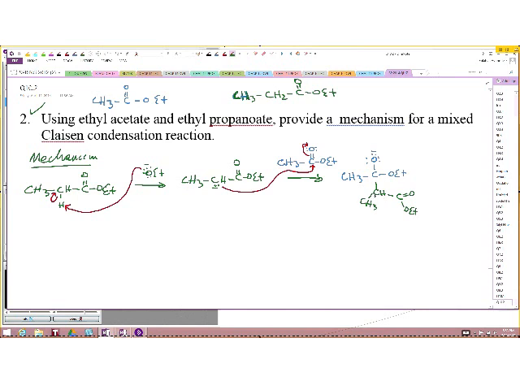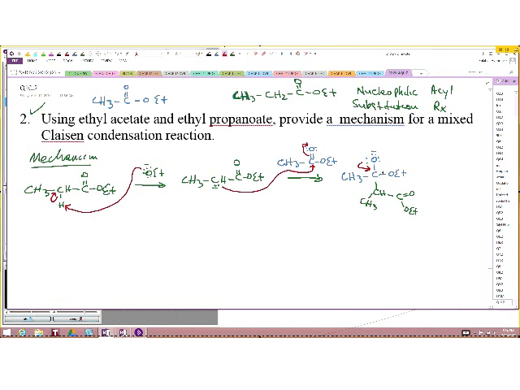Okay, so now what will happen? What is the next thing that happens? This is a case of nucleophilic acyl substitution reaction. We are going to reform the carbonyl, and in so doing, keep in mind carbon is tetravalent, so we are going to break one of these bonds here.